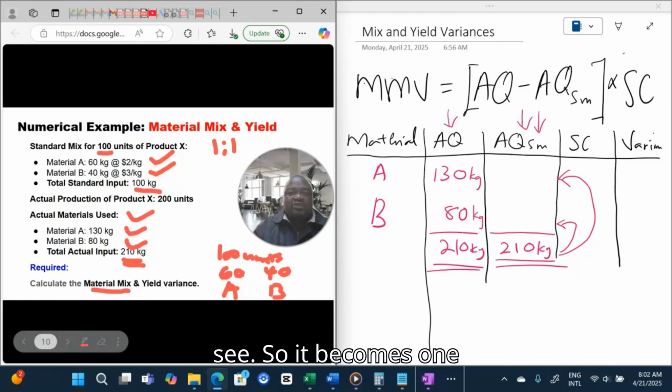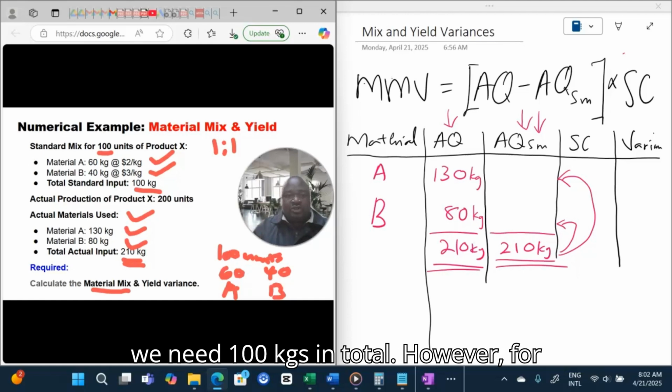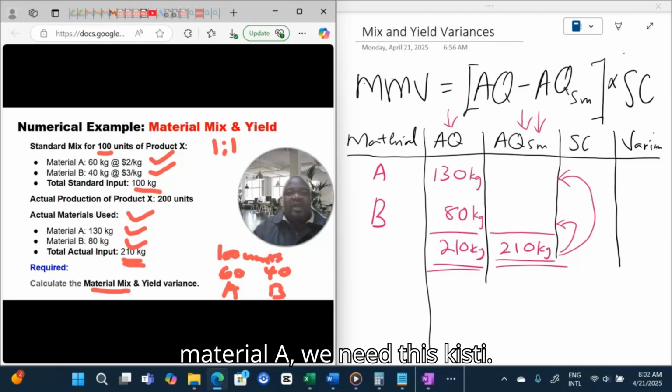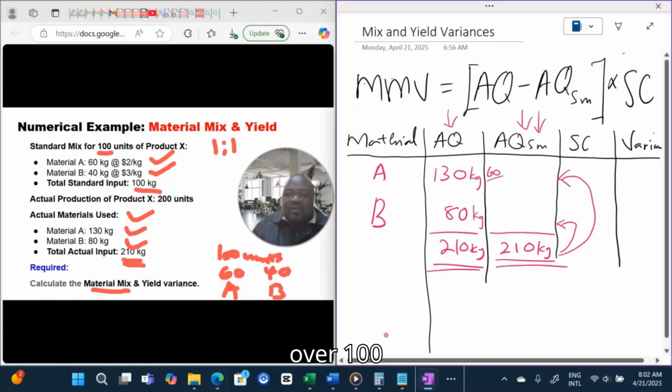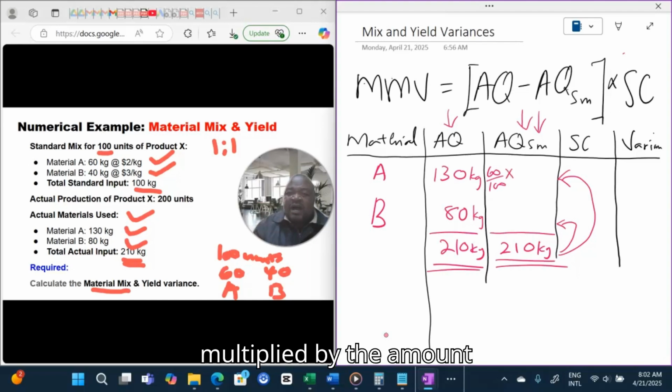So in total we need 100 kgs, however, for material A, we need 60. So 60 kgs over 100 kgs of inputs multiplied by the amount to be flexed.